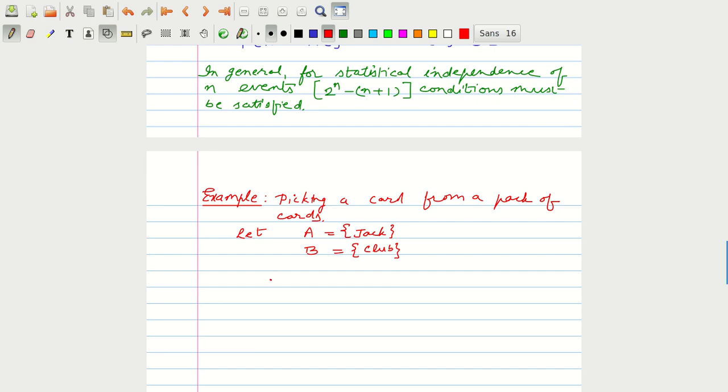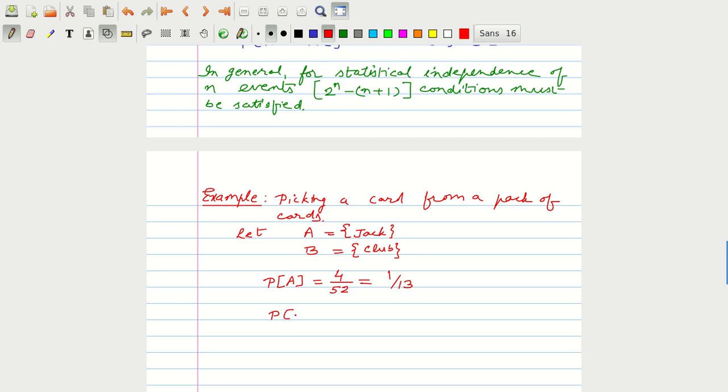The probability of A is, there are 4 jacks in the pack of cards and there are total 52 cards, so the probability is 1 by 13.